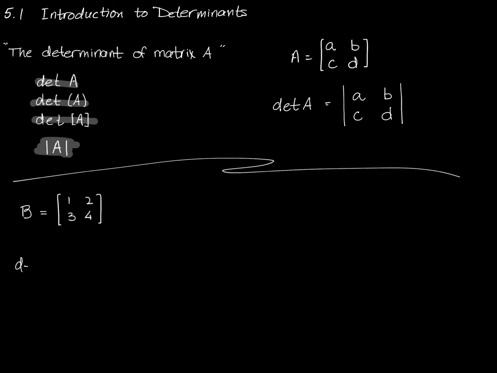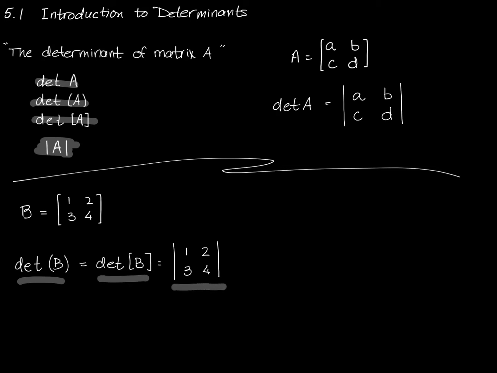The determinant of B, which I can write this way, or I can write this way, I can write it a lot of different ways, is equal to the matrix entries 1, 2, 3, 4 in these vertical bars. And what needs to happen now is I need to compute the determinant using this. This is just another notation saying this is the determinant of B, this is the determinant of B. It's going to be some numerical value. This is also the determinant of B, but what is that?